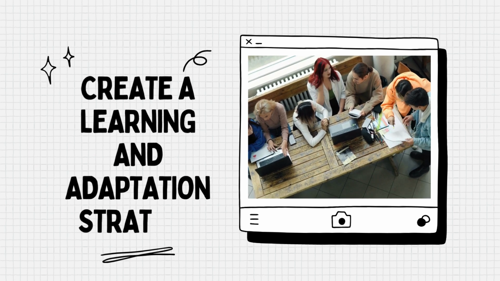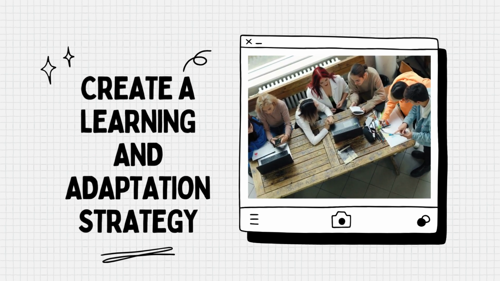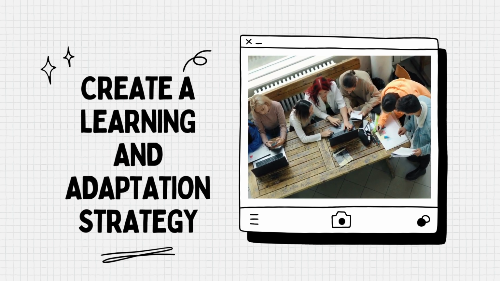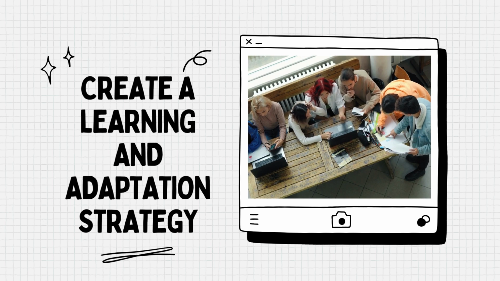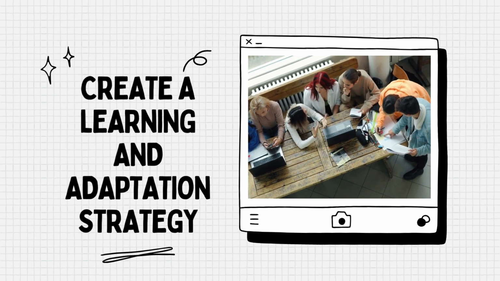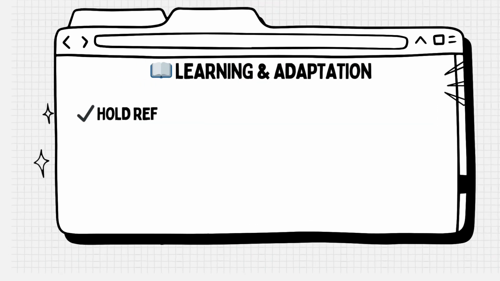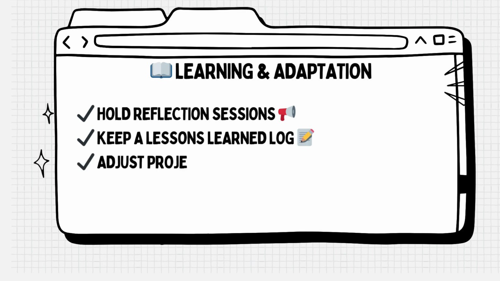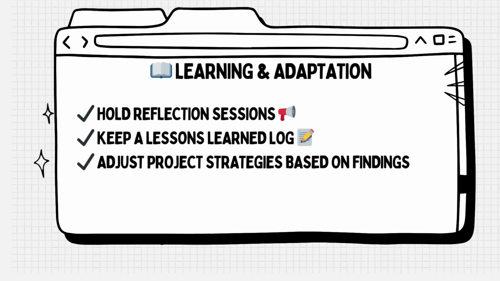A strong MEAL system goes beyond just collecting data. It's about actively using that data to drive improvements and make informed decisions. The real value lies in analyzing trends, identifying challenges, and adapting strategies to enhance impact and accountability. As learning and adaptation is crucial for continuous improvement, encourage teams to actively reflect and apply insights by holding reflection sessions, creating spaces for teams to discuss successes, challenges, and key takeaways.